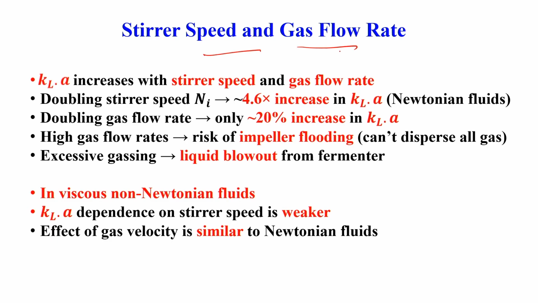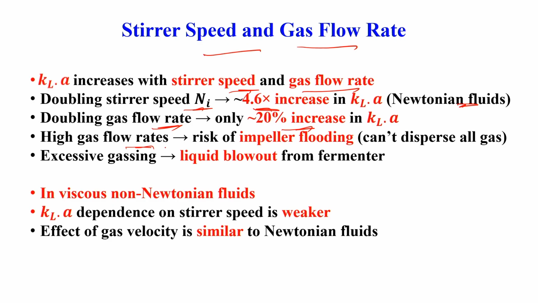Now, agitation speed and gas flow rate. Typically, KLa increases with stirrer speed and gas flow rate. For example, if I double the stirrer speed, there should be about a 5 times increase in the KLa for a Newtonian fluid, and if I double the gas flow rate, there is only a 20% increase in the KLa value.